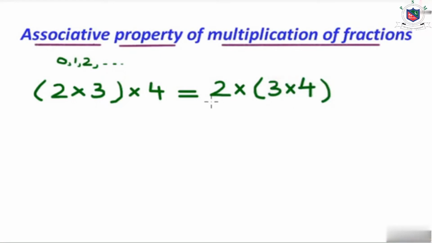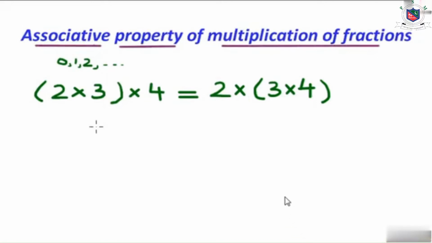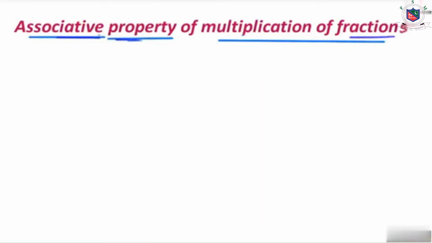As you know, according to the rule, first we have to solve the brackets. So, in the associative property of the multiplication, we have regrouped them as this. So, 2 multiplied by 3 is 6, multiplied by 4, and on the other side also when you multiply you will get the same answer.